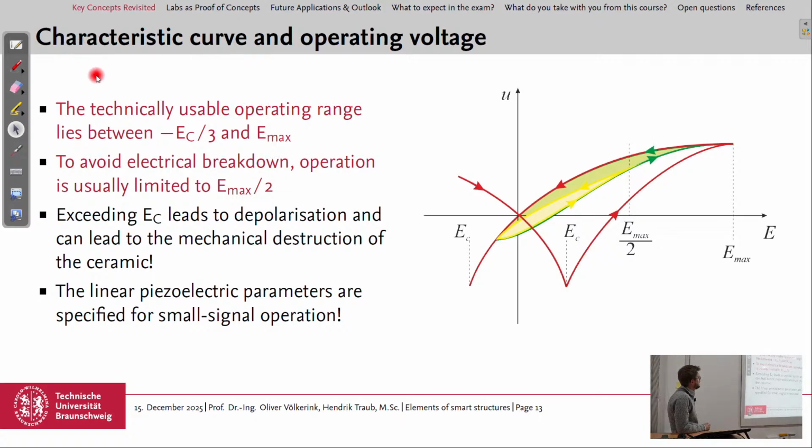Then we can have a look again at the butterfly hysteresis, especially at the usable operating range. We said that it's basically possible to use it between minus EC, the coercive field strength, and up to E max, but in real application we limit it to EC divided by 3 and 50% of E max, to stay away from depolarization here and a breakdown of the piezoceramic on the other end due to too high fields.